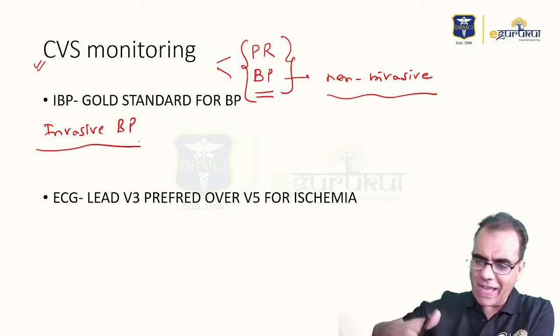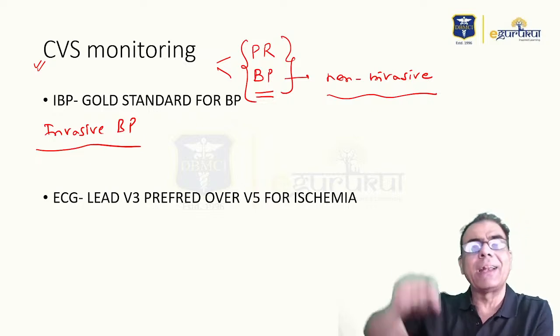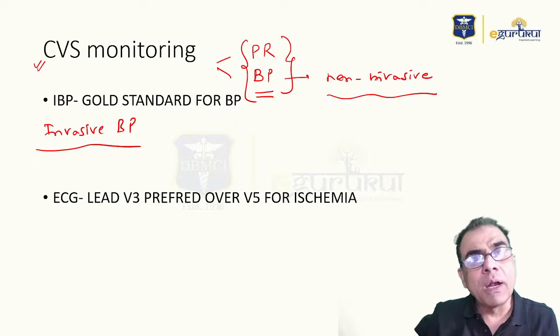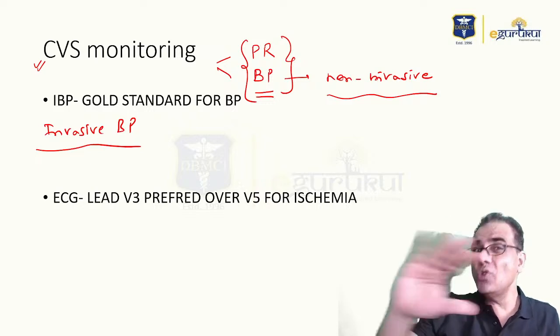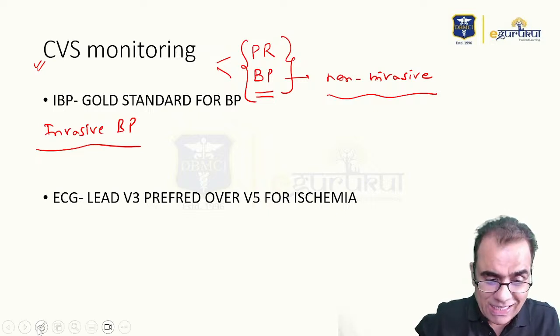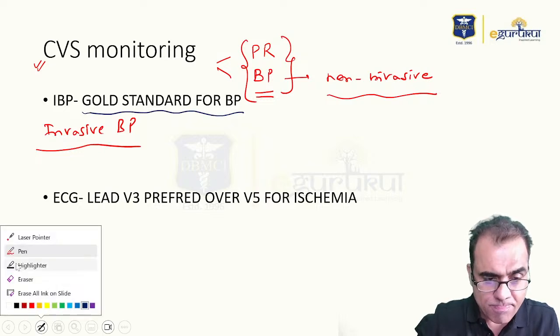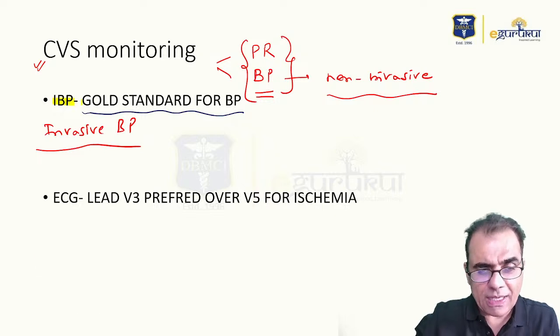Invasive because we are cannulating into artery, and through that cannulated catheter we are measuring the blood pressure. But it is continuously measuring blood pressure, even giving waveform also, and that is why it is considered as gold standard for blood pressure monitoring.